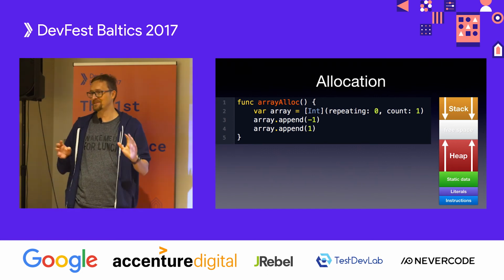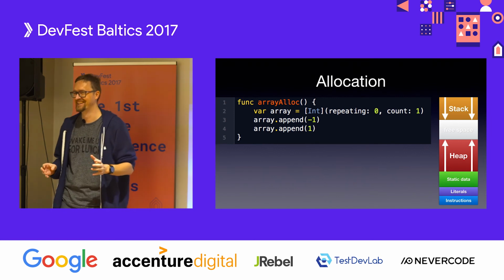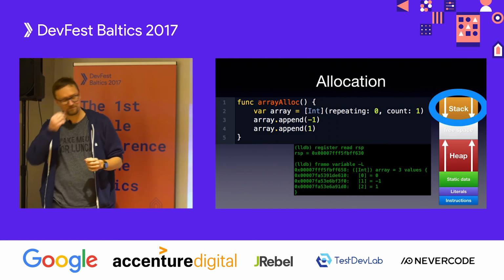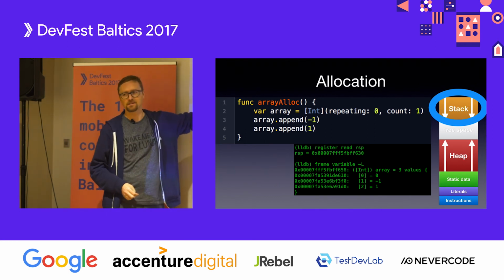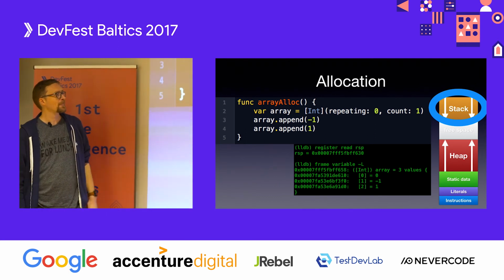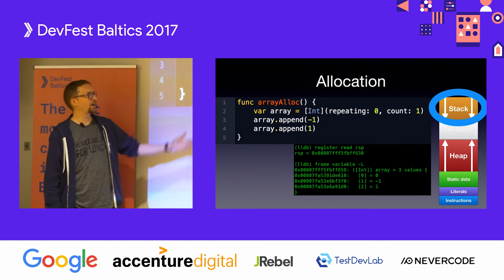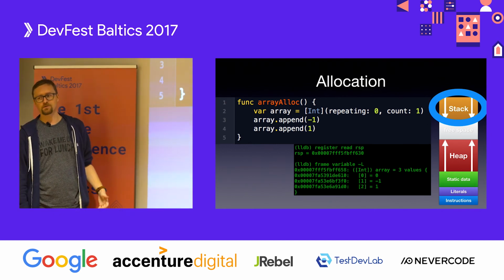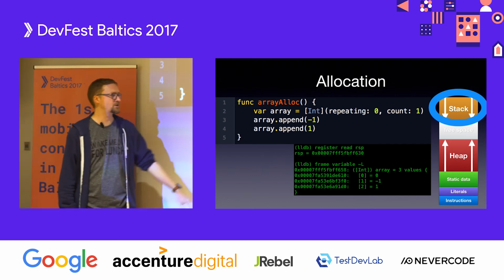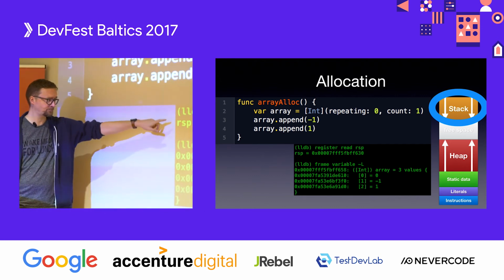Okay, does anyone think differently? Okay, that will be on the stack. Why? Well, everything is happening in the same stack frame. The array is small, so there's no need to go to the heap. And we can check that in the debugger.